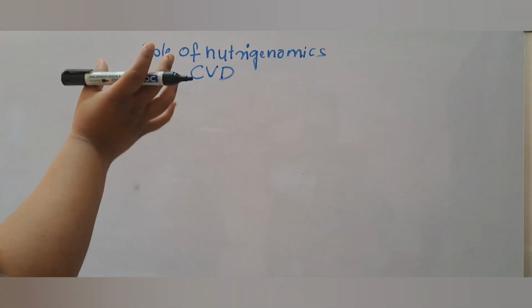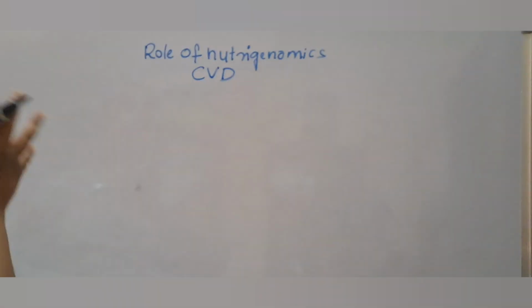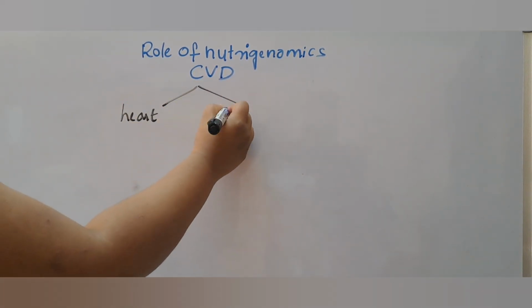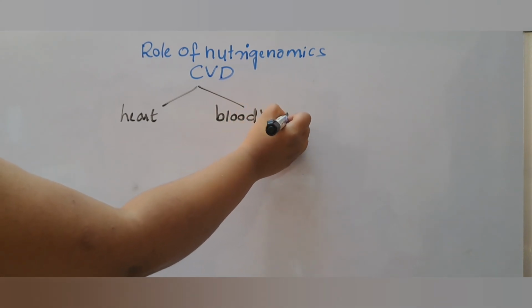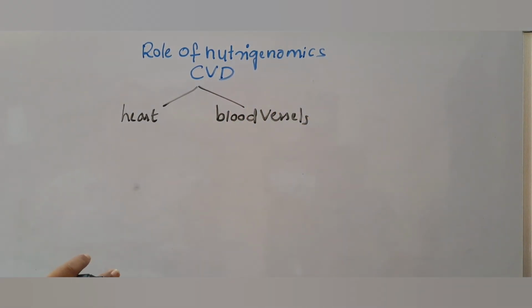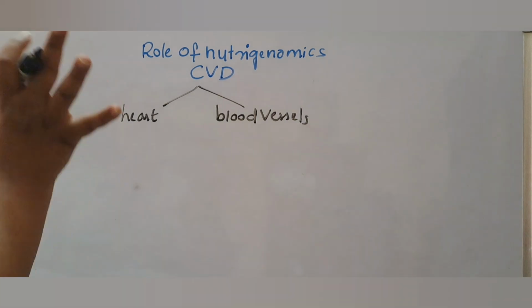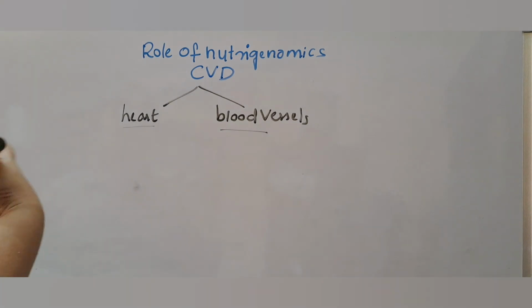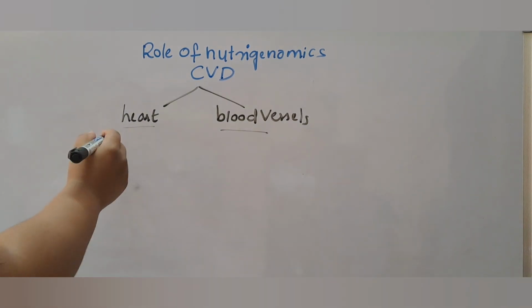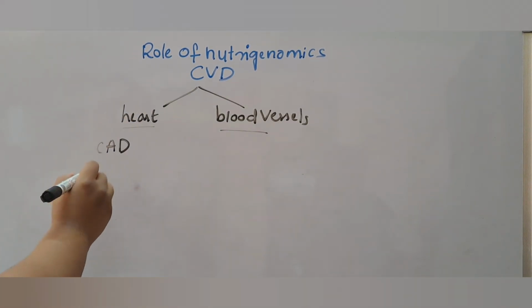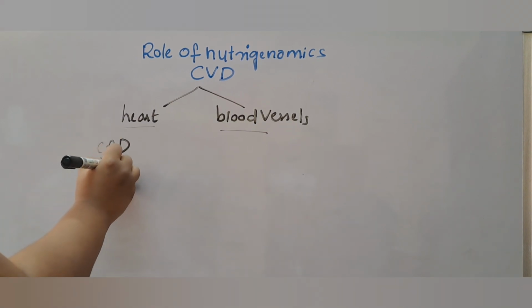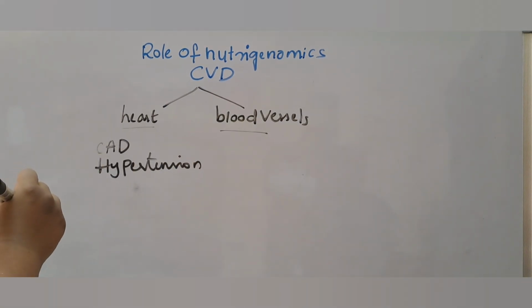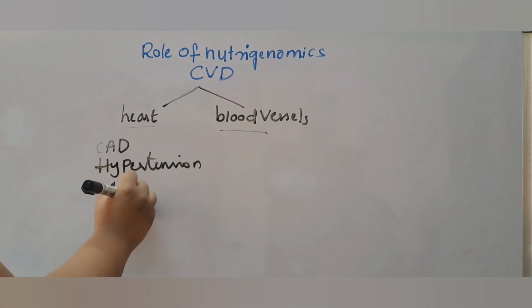So generally CVD is nothing but a group of disorders that affect both the heart and blood vessels, right? So cardiovascular disease is a disease that affects the entire heart and blood vessels. There are many types of CVDs like coronary artery disease, CAD, and also hypertension, and myocardial infarctions, right?